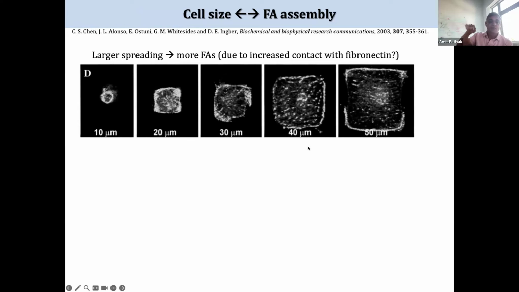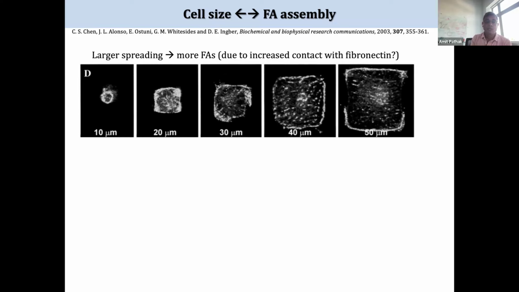Patterns of fibronectin, I think. And the cells, I think endothelial cells, are placed on these micropatterns. So the cell is forced to only occupy the area that is patterned. If you look at the right-hand side, this cell is bigger, clearly, and it has more focal adhesions at the edges. The cell on the left is smaller, so fewer focal adhesions, more diffuse focal adhesions.